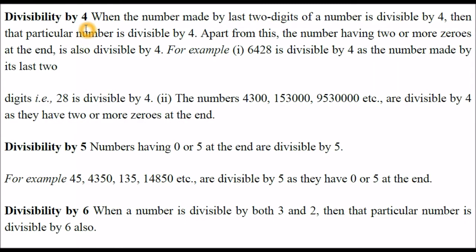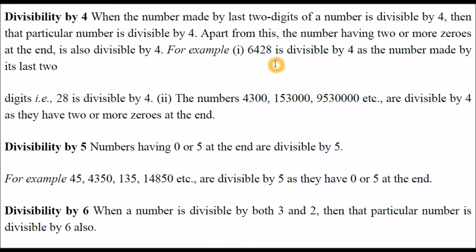Divisibility by 4. When the number made by the last 2 digits of a given number is divisible by 4, then the given number is divisible by 4. Apart from this, a number having 2 or more zeros at the end is also divisible by 4.